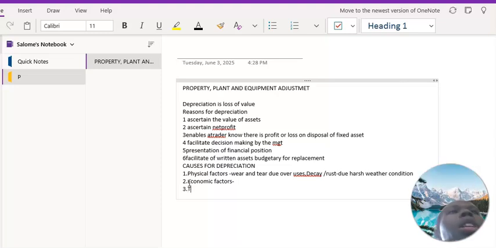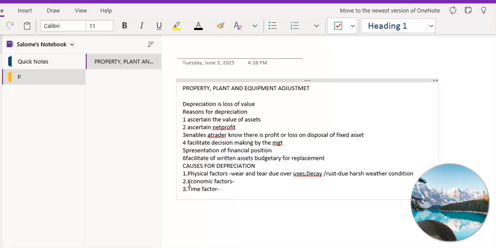Under this, we're going to see that some PPEs or non-current assets have a legal fixed useful life and lose value as a result of passage of time.